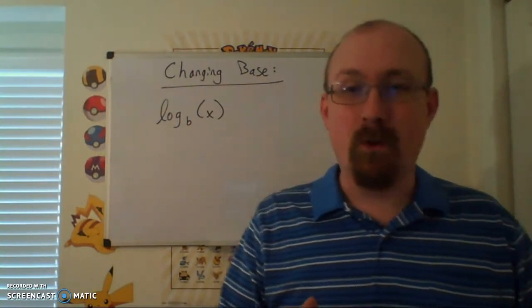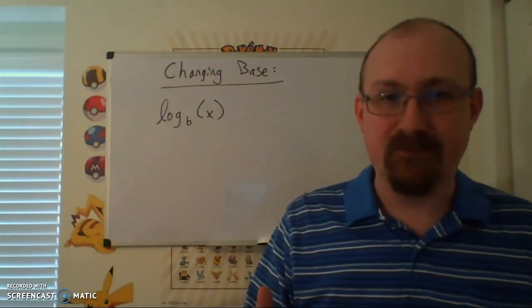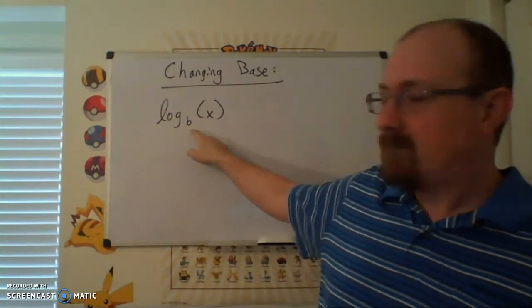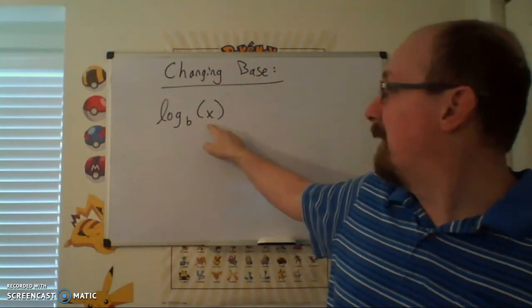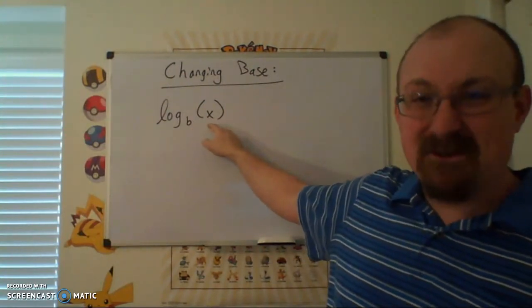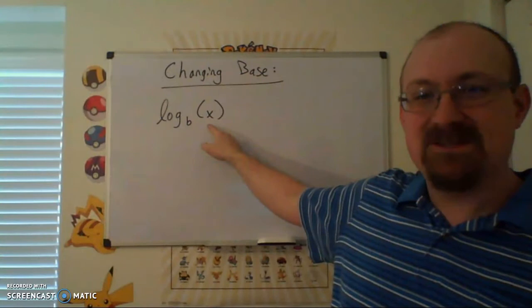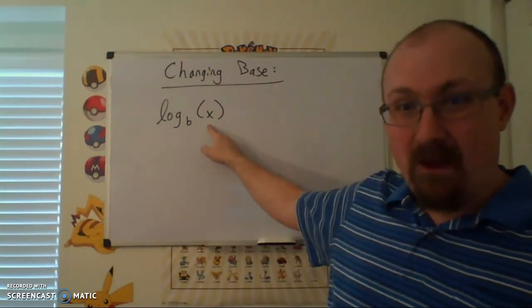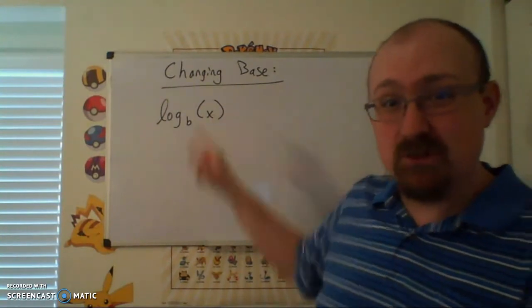So suppose you're wanting to work out a base b logarithm, say a base 5 or a base 2, of some number x. It turns out if you know how to calculate stuff using a different logarithm base, we don't actually need to work out what's going on in this base b situation.